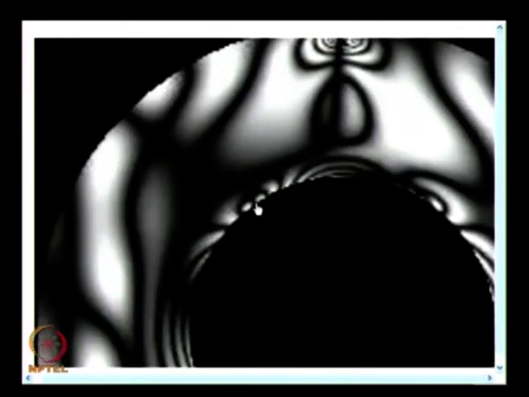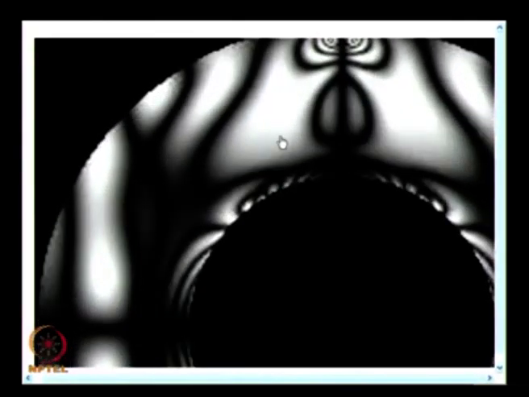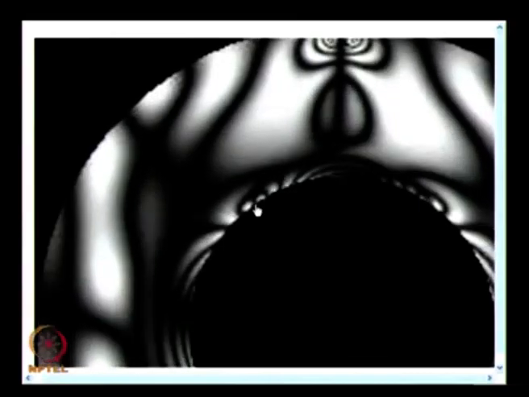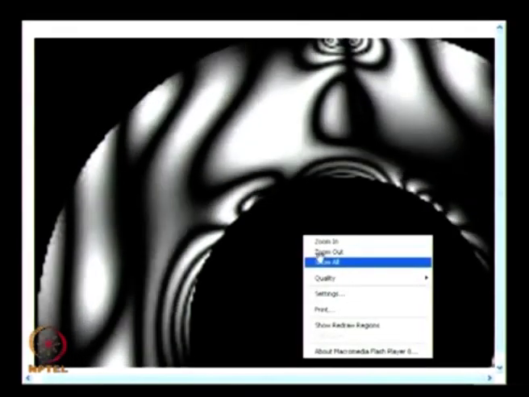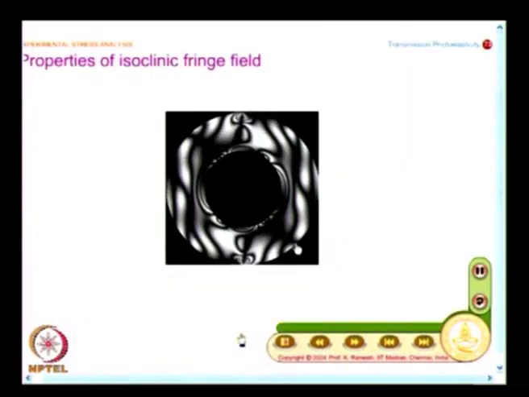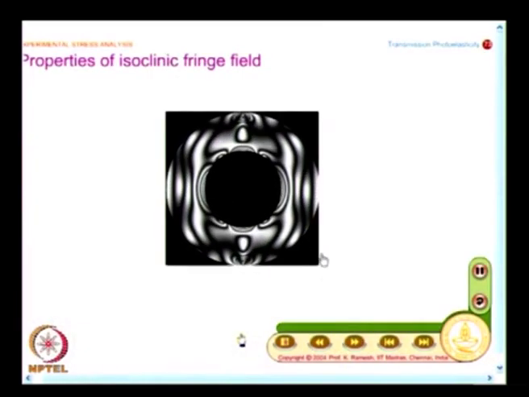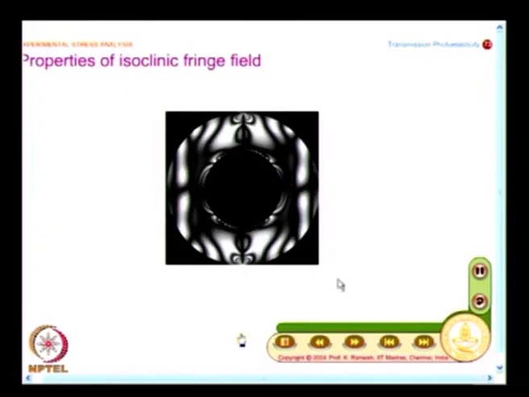When I rotate the polarizer analyzer combination, suppose I take a point like here, one isoclinic comes and goes, that is all. A particular isoclinic comes and goes at this point. On the other hand, you always have an isoclinic at this point. So, this itself gives you an indication of how to identify the zeroth fringe order. You have an appreciation of that, we will see that in detail.